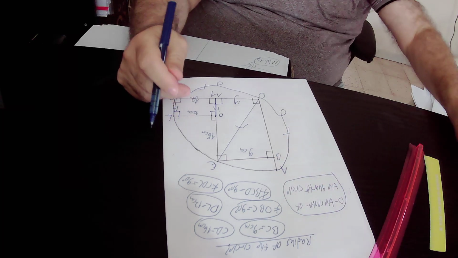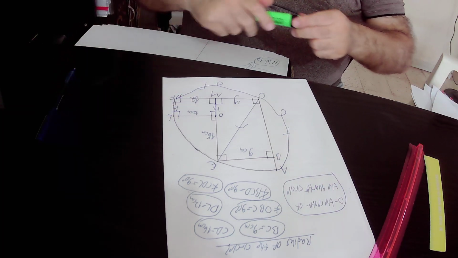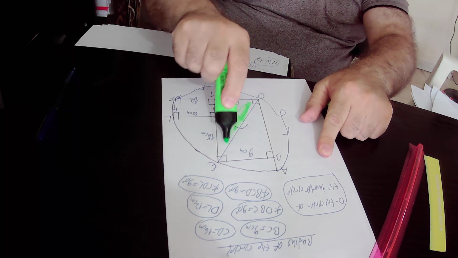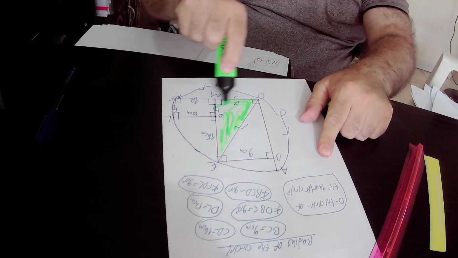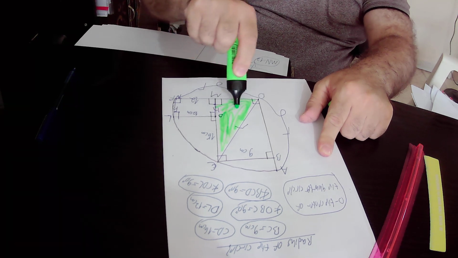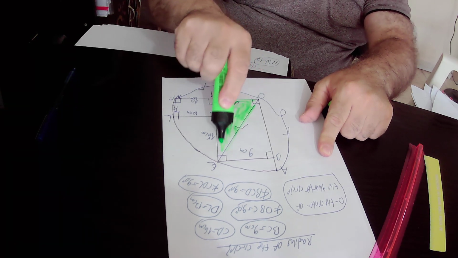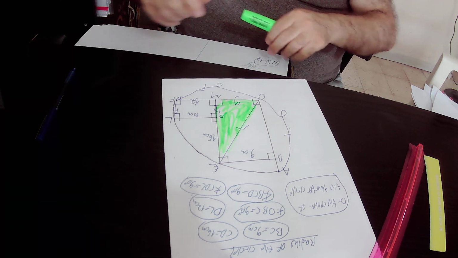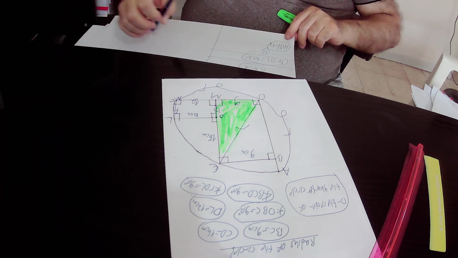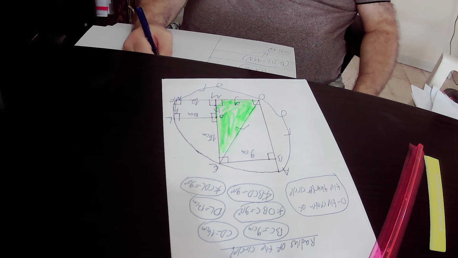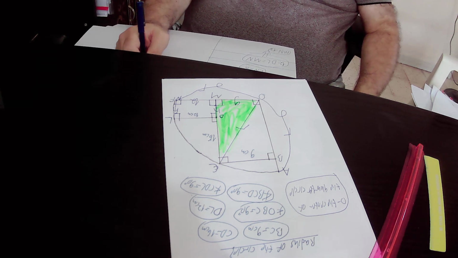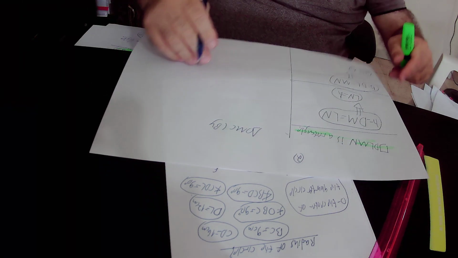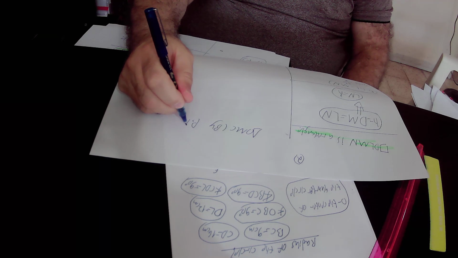So in the next step we will apply the Pythagoras theorem on the right green triangle, triangle OMC. Here PT is the abbreviation for Pythagoras theorem.